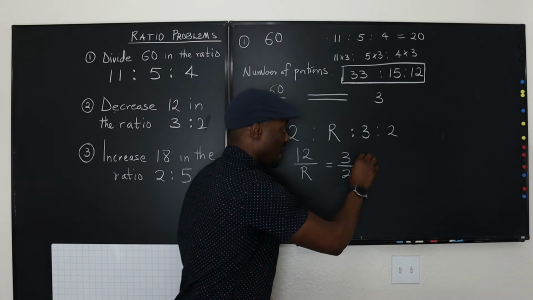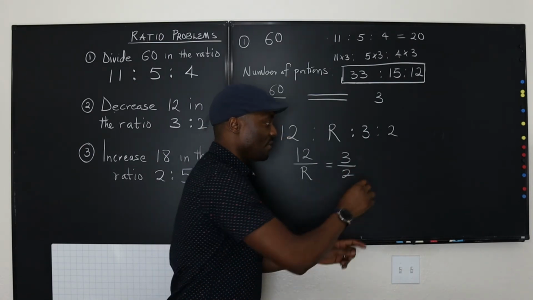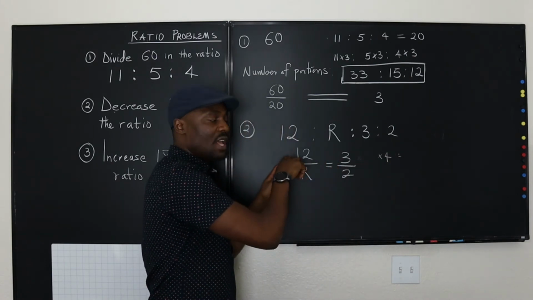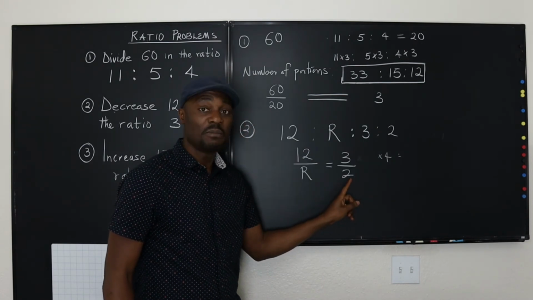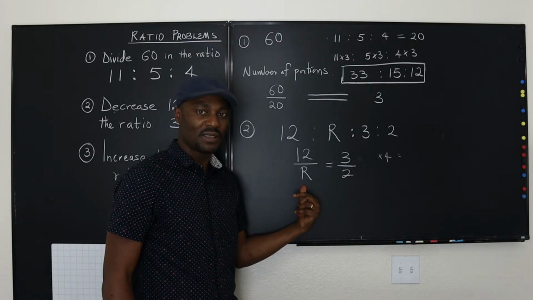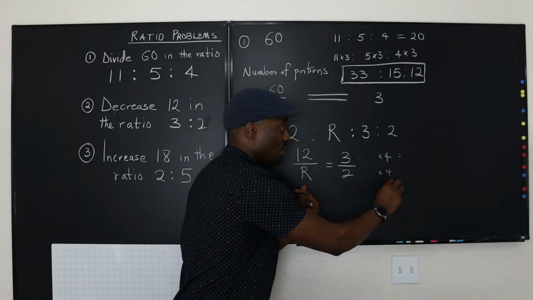So you multiplied 3 by 4. That's what happened. 3 times 4 gave you 12. Because you multiplied the top by 4 to get 12, you have to multiply the bottom also by 4. Can you tell me what this is? Yep. Just multiply 2 by 4. What do you get?